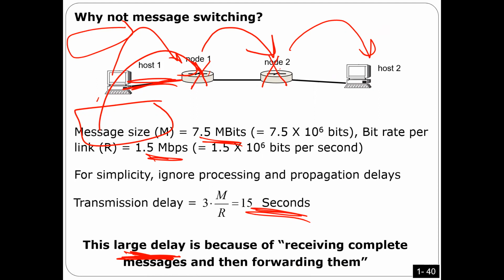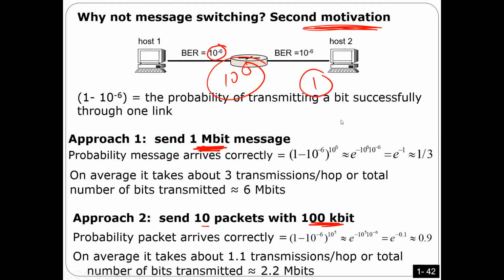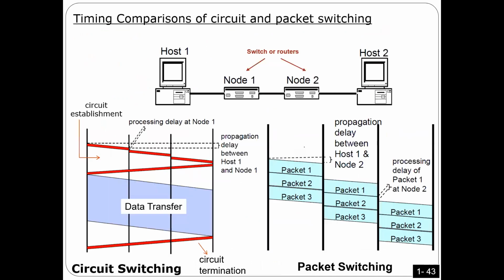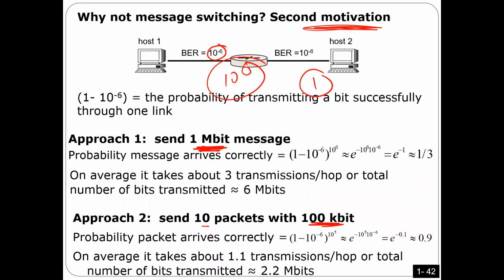Why do we cut it into pieces? I give you 2 justifications here. Number 1, it's going to take less time because of creating something like a pipeline. Number 2, we're going to have less error.